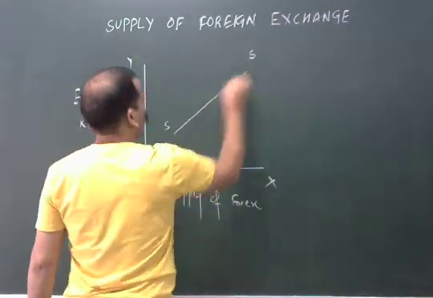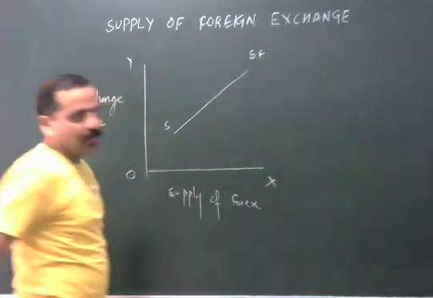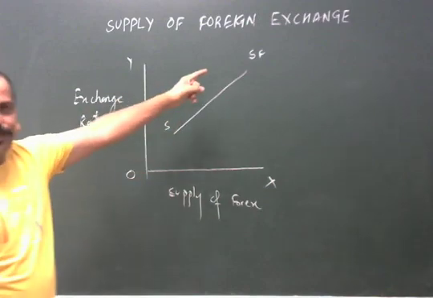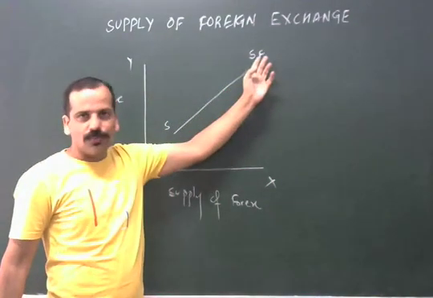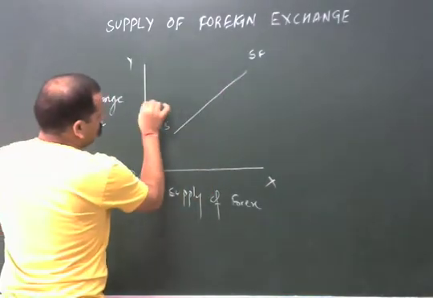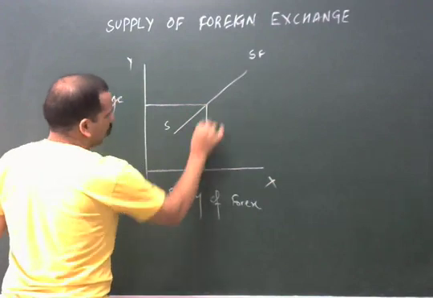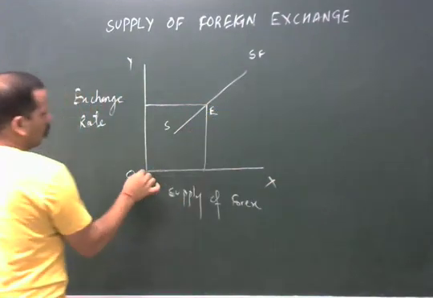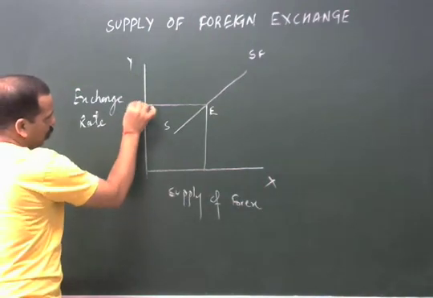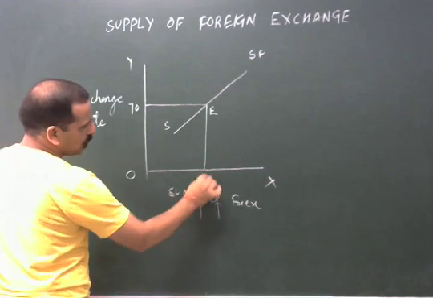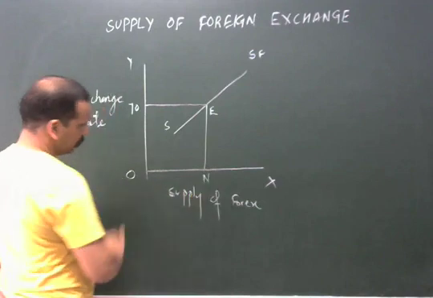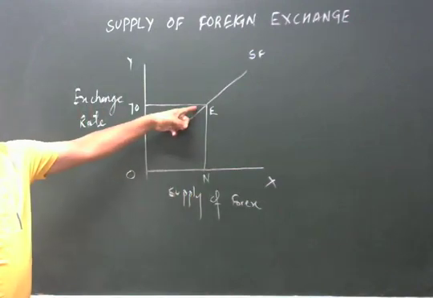Supply of foreign exchange. F for foreign exchange. So SF means we are talking about the supply of foreign exchange. This is the initial equilibrium at point E. Let the exchange rate be 70 rupees. E is the equilibrium point.